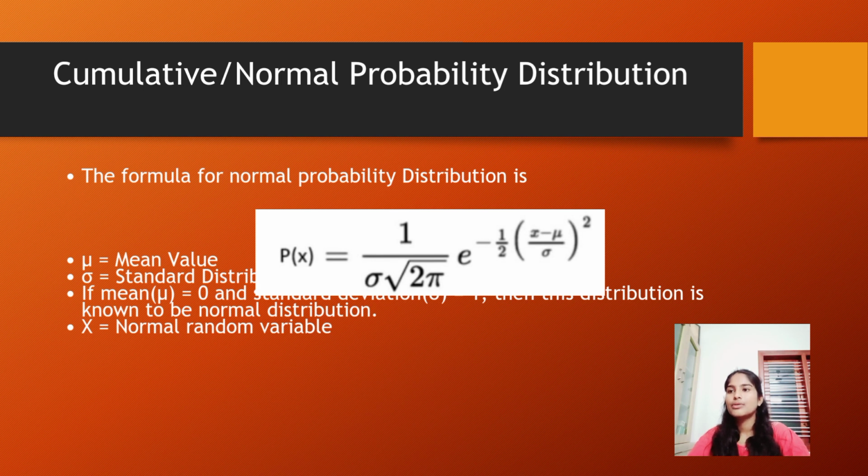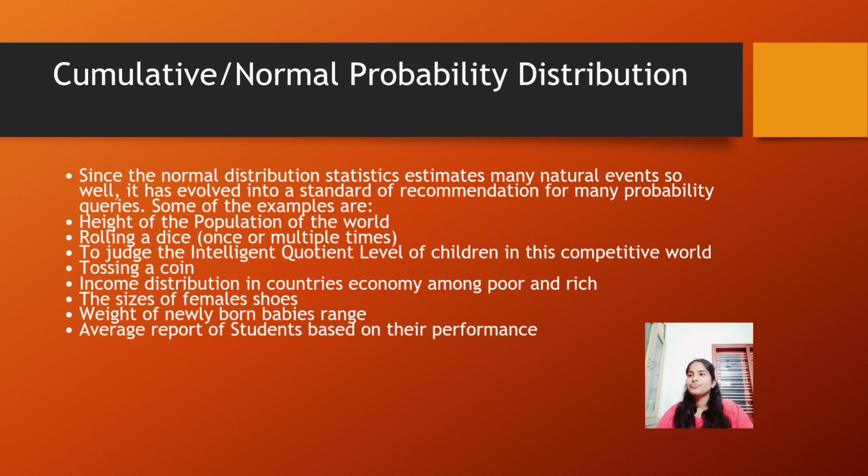If μ = 0 and standard deviation = 1, then this distribution is known as the standard normal distribution. x is the random variable in the normal probability distribution.